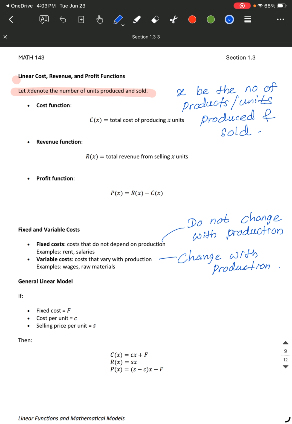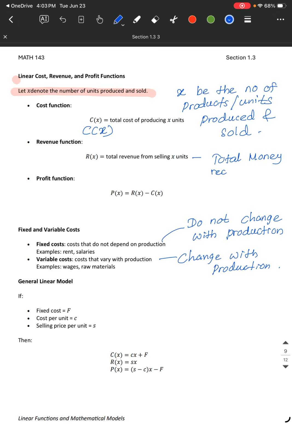So the cost function, big C of X, is the total cost of producing X units. Then the revenue function would be the total money received from sales, so the total revenue from selling those X units.